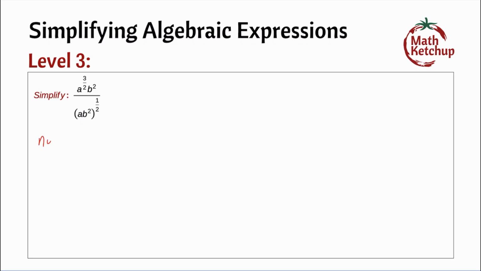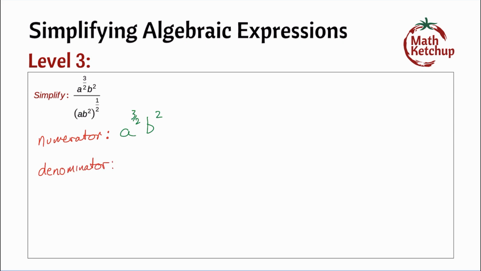So let's look at the numerator first and see if we can simplify it. In this case, it looks like it cannot be simplified. We have a to the power of 3 over 2 times b squared. They're different bases. We can't combine the exponents, so I think we are stuck there. But let's see what we can do with the denominator.